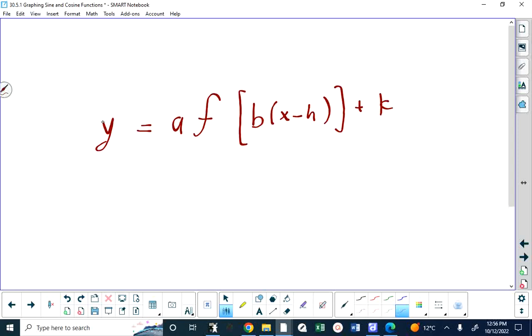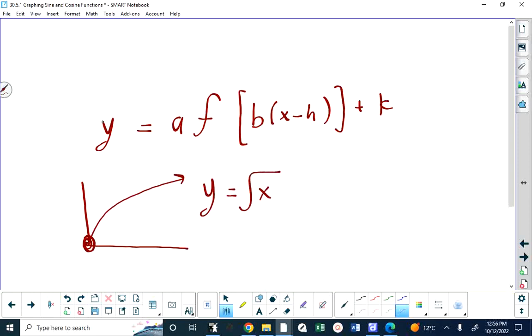And at every turn, wherever possible, I've suggested to you that as long as you know what an original function looks like, you should be able to tell me everything about this function. So for example, we learned that y equals root x looks like that. And if you know that picture in your head, you know the domain and range and all of the features of that graph.